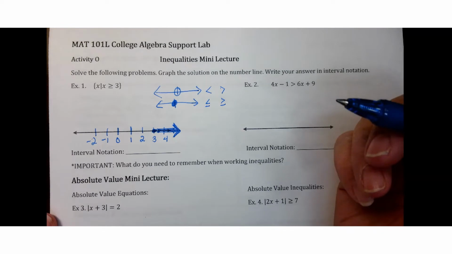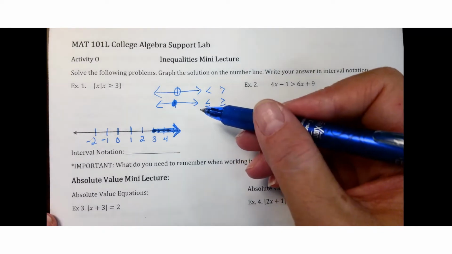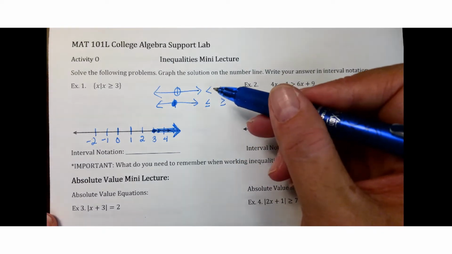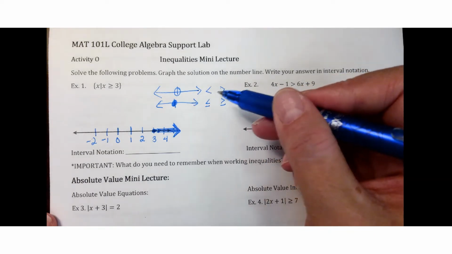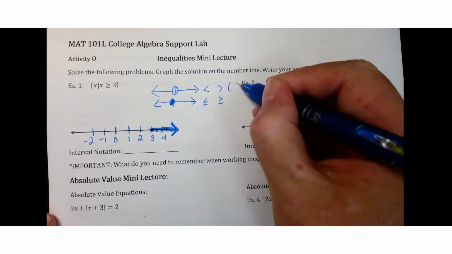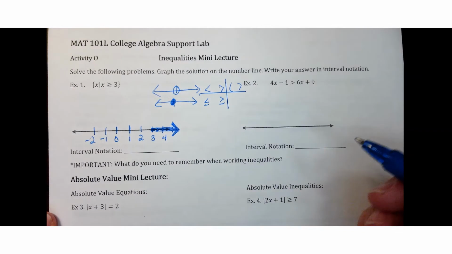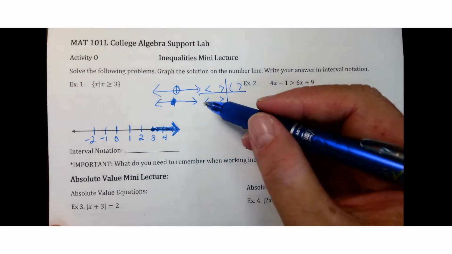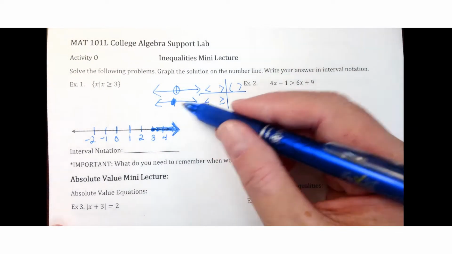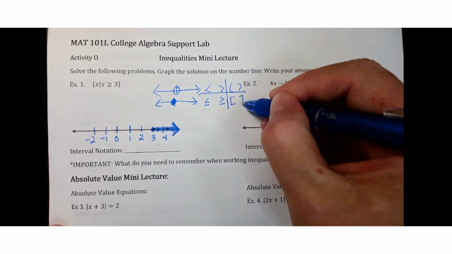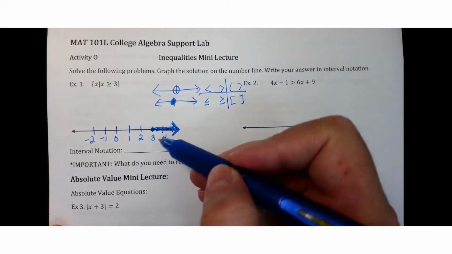Here in college, we are going to do things a little bit differently. So instead of an open circle for less than or greater than, we're going to do parentheses. And instead of a closed circle, we're going to do brackets. And we're going to actually do that on the graph itself.